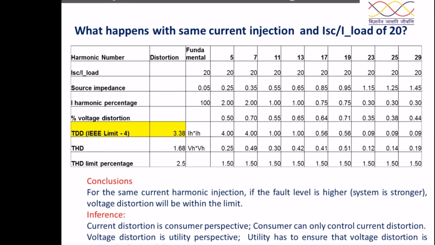Therefore, those polluting loads we should try to connect at the higher voltage level, looking into the various economics, so that even though the current distortion is within the user acceptable order, voltage distortion gets limited.